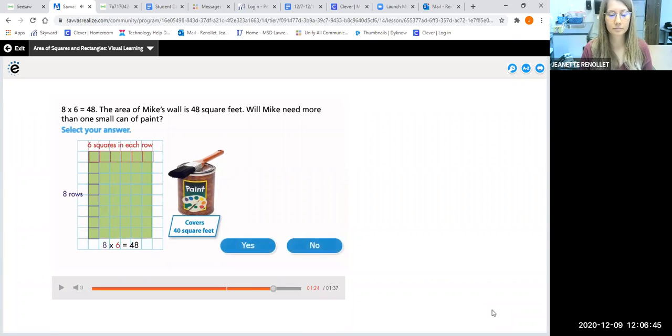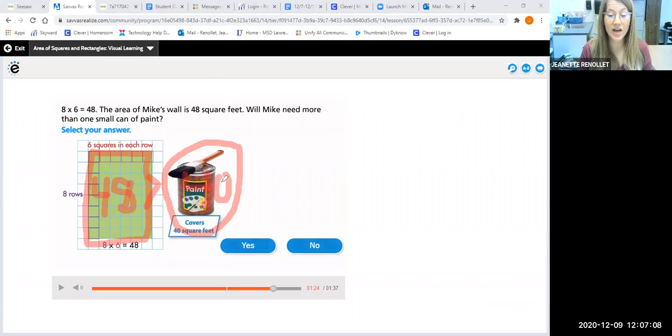Select your answer. If Mike has 40 square feet inside his paint jar, but we know there's 48 square feet on his wall, 48 is greater than 40.